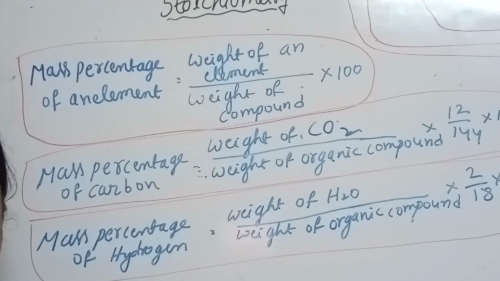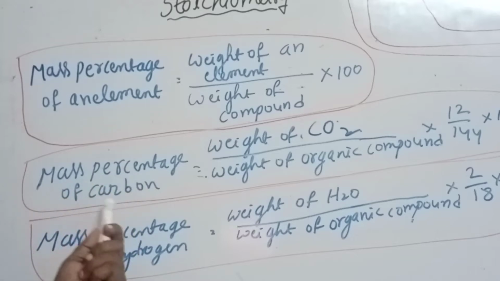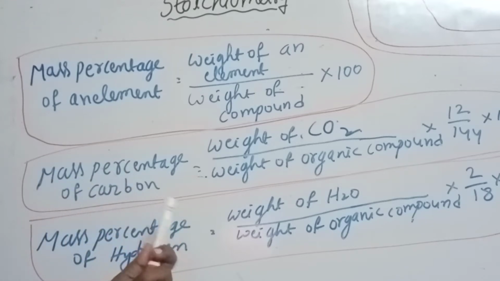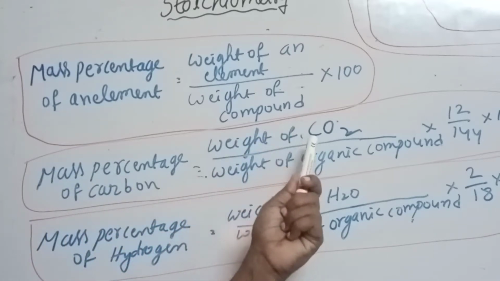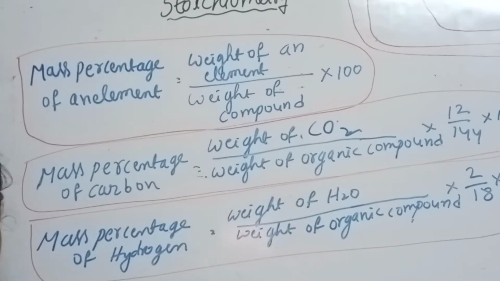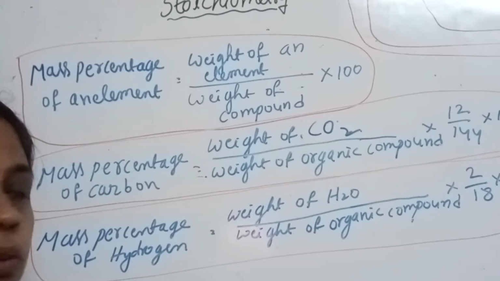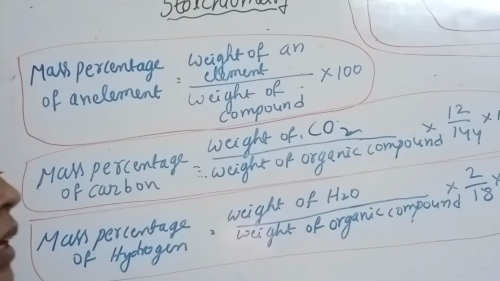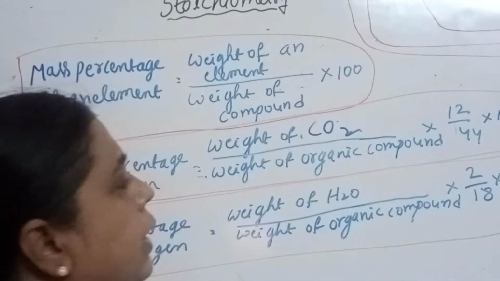Generally, organic compounds contain carbon, hydrogen, oxygen, and nitrogen elements. First, the mass percentage of carbon. It is equal to the weight of carbon dioxide given in the problem by the weight of the organic compound given in the problem, into 12 by 44, into 100.